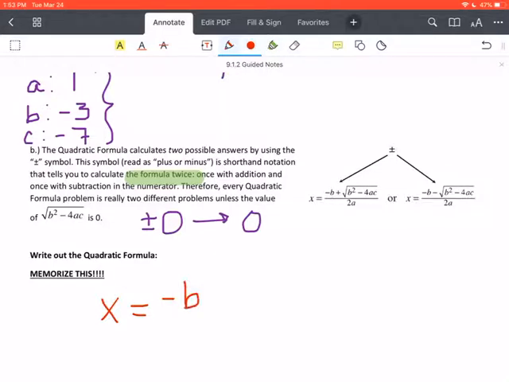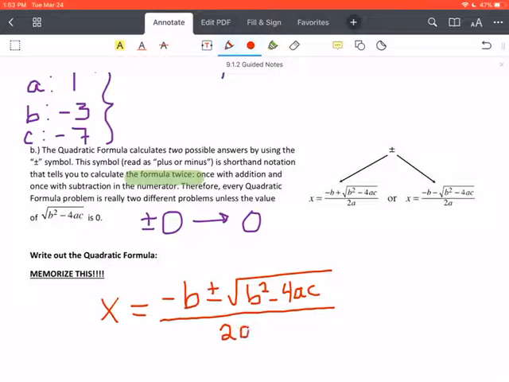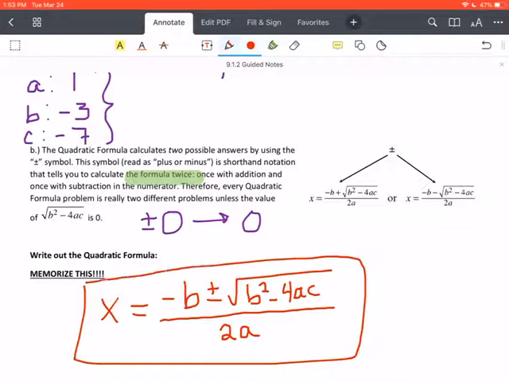Now, negative in math means opposite, plus or minus the square root of, watch how I write it, b squared minus 4 times a times c is all underneath the square root, and then the entire right-hand side is over the quantity 2 times a. This is what you have to memorize, okay? So that needs to be in your head when we get back to school. So every day you need to work through that.